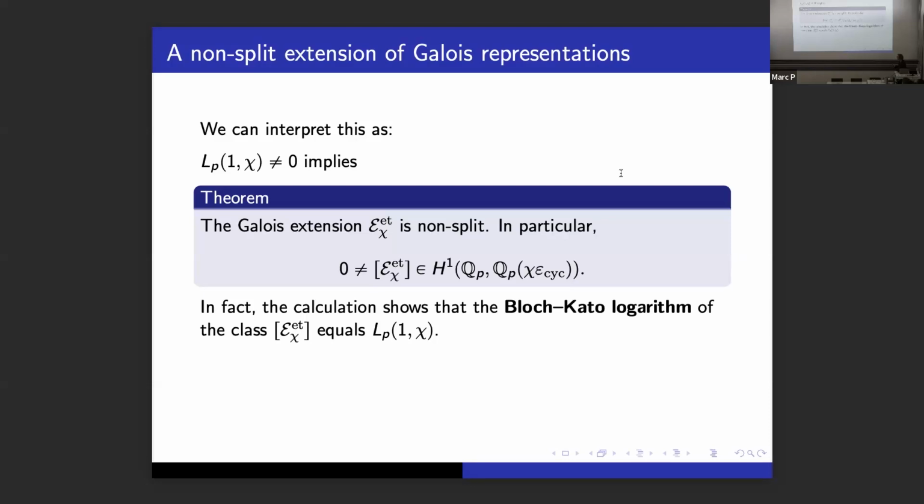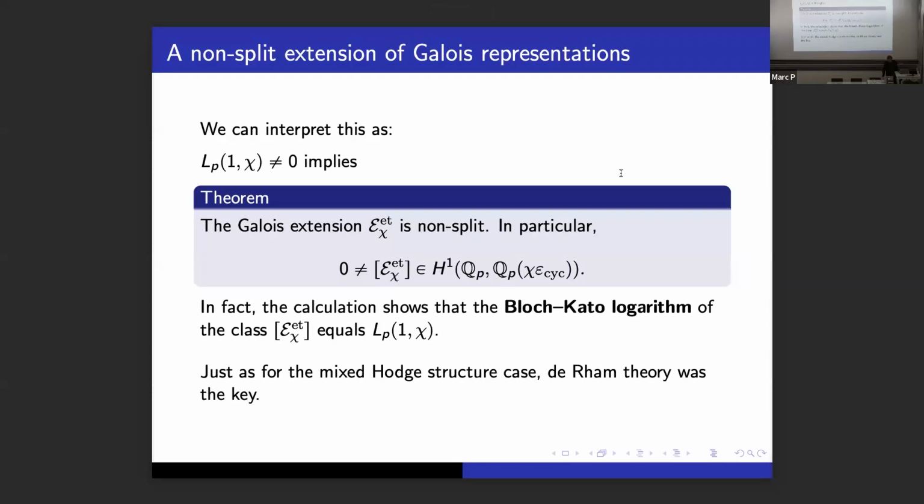So if people talk about Bloch-Kato logarithms in a number theory seminar or something like this, they're really talking about a de Rham calculation, very much like the one that we just did. And I want to emphasize that just as in the mixed Hodge structure case, it was really de Rham theory that drove the proof that this extension is non-split, at least this particular proof of that fact.